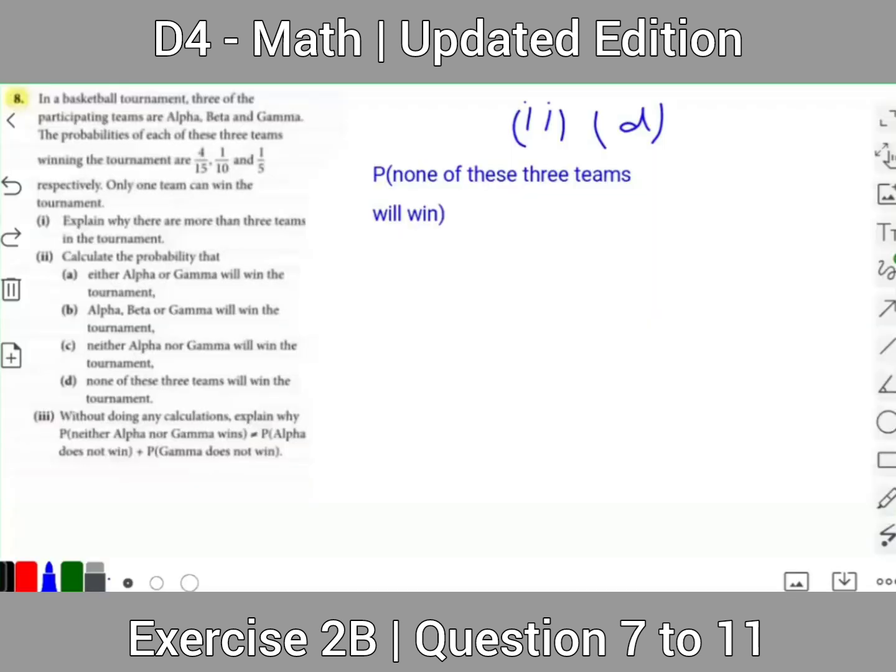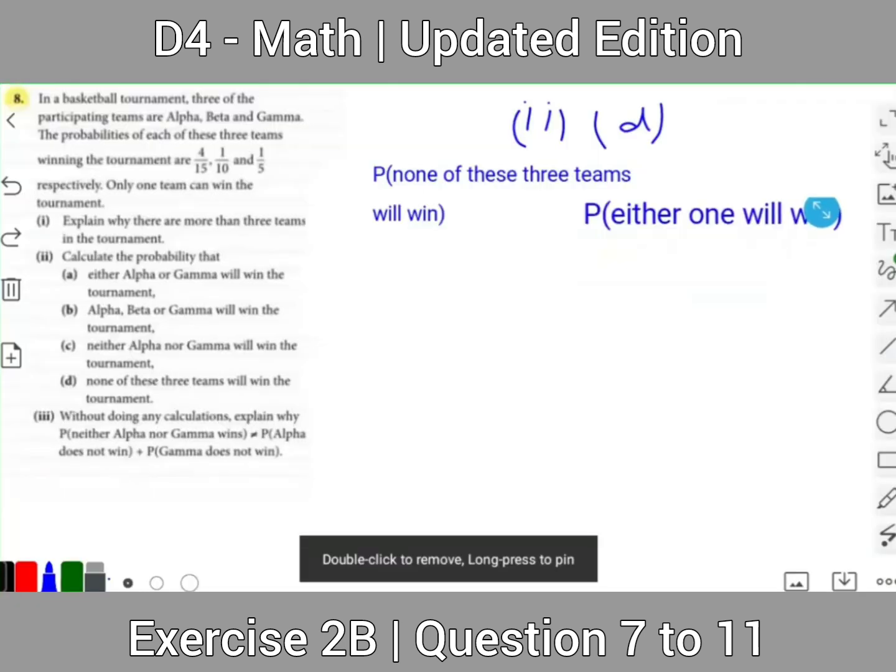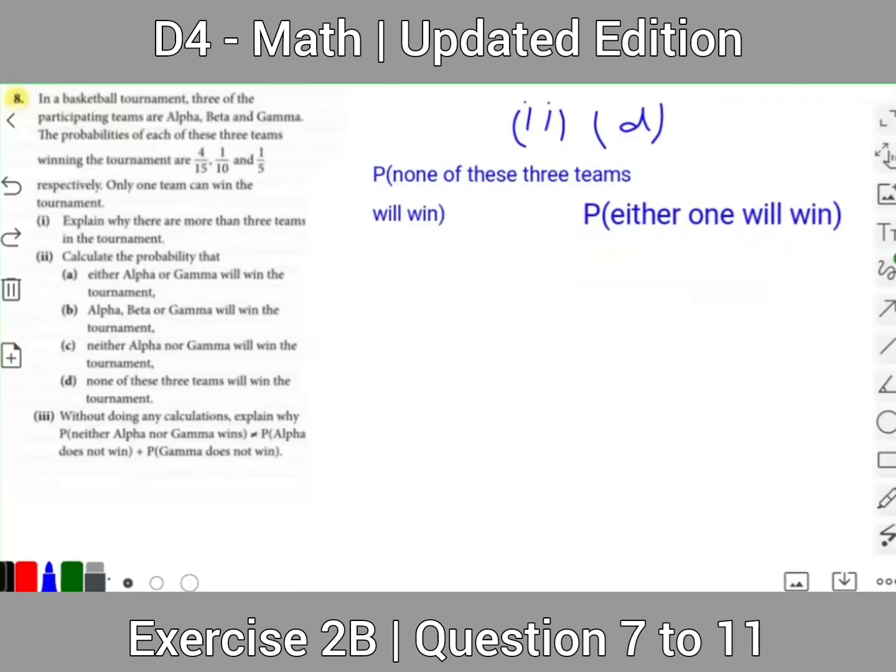Now in part D, we have to find out the probability that none of these three teams will win the tournament. So for this, we subtract the probability of either one winning from 1, and the probability of either one winning was 17 over 30.